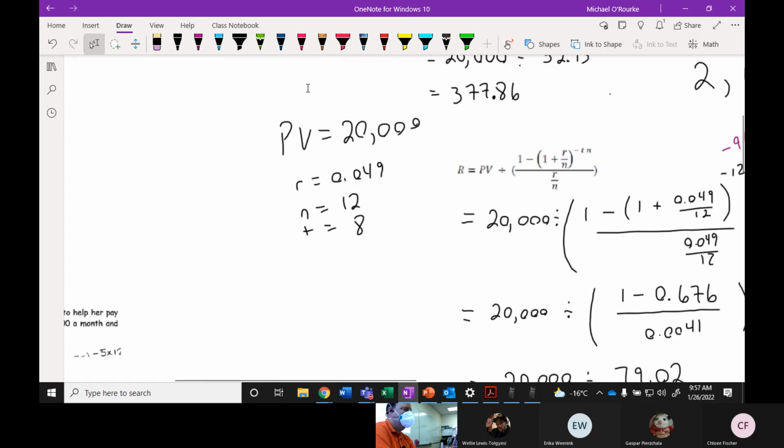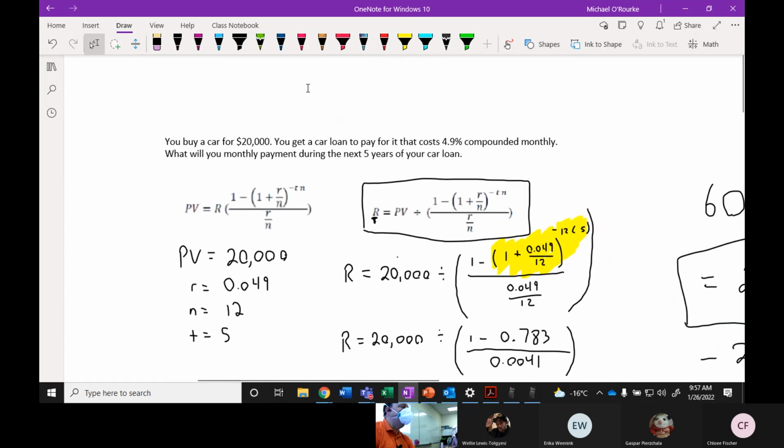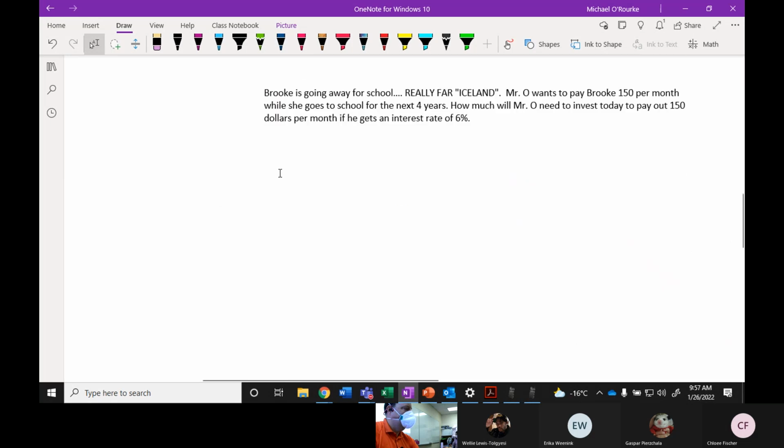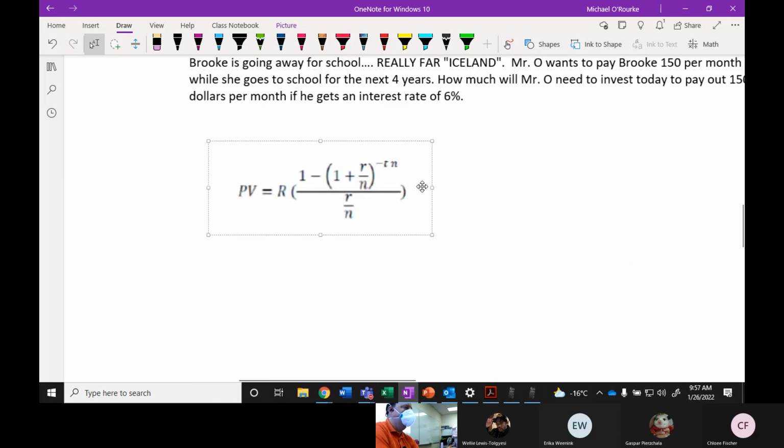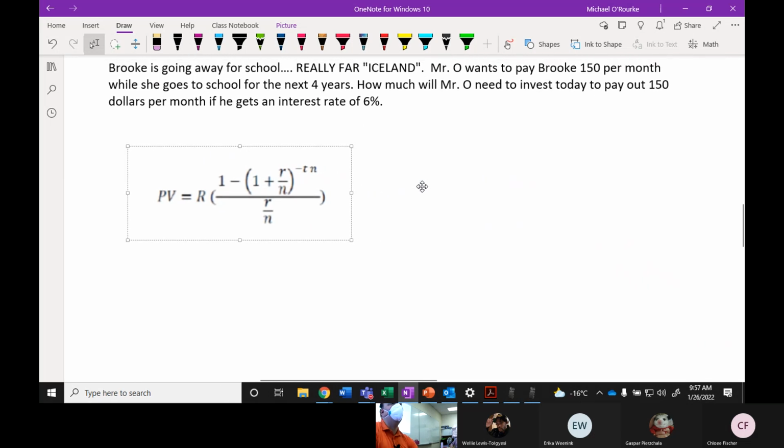So which one am I looking for? Do I know my regular payment or am I searching for my regular payment? I know my regular payment. So this time I'm trying to figure out how much money I need to put in the bank to pay out a regular amount.